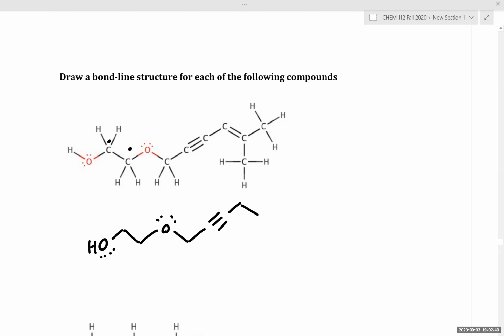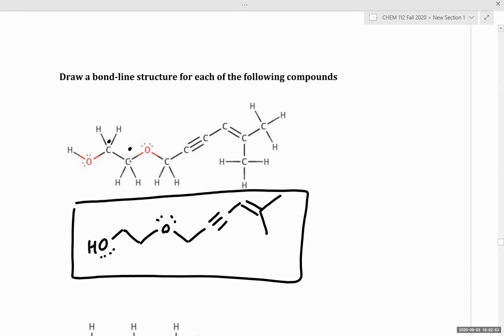For double bonds, we make sure that our double bond angle is around 120. And then we draw both of our methyl groups. So this would be a bond line structure for the above structure. Essentially, you're getting rid of your hydrogens and replacing your carbons with just a line. Does this representative example make sense to everyone?